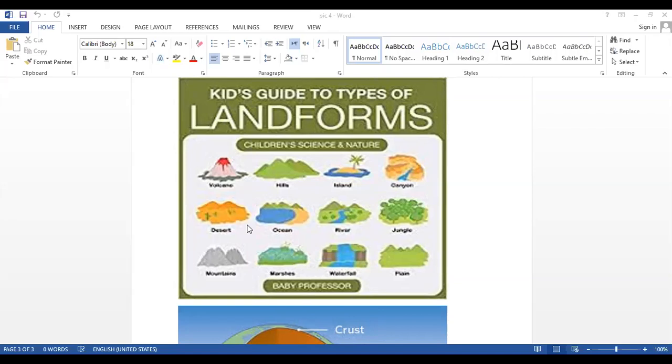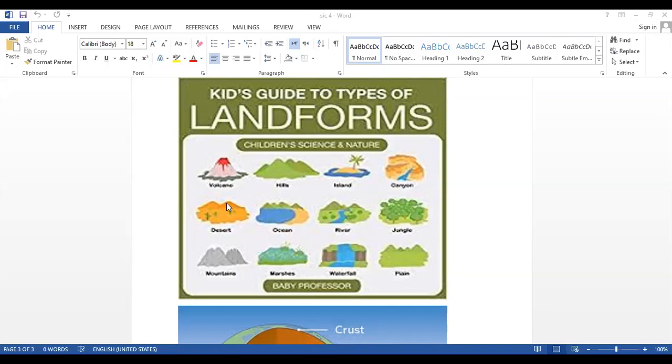Earth. Like what? Like mountains, hills, oceans, rivers, waterfalls, canyons, plateaus, islands, deserts. Okay, so here are pictures or examples of landforms. So when I say the word landform, landform means all of these things that are found naturally on Earth.